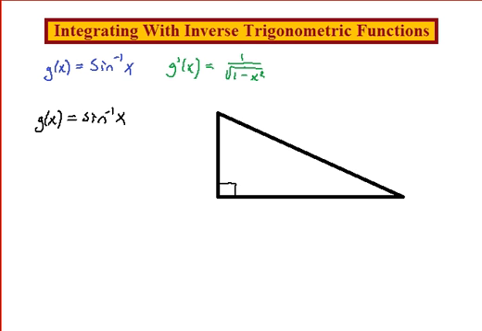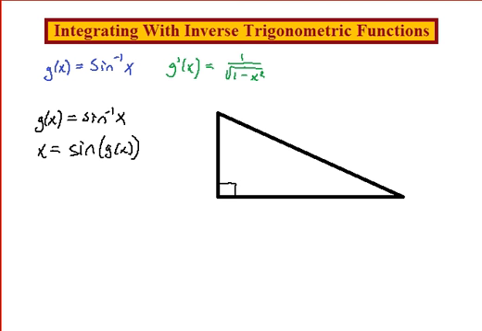By definition, if g of x is equal to inverse sine of x, then x is equal to sine of g of x. Inputs become outputs, outputs become inputs. This is the nature of inverse functions.